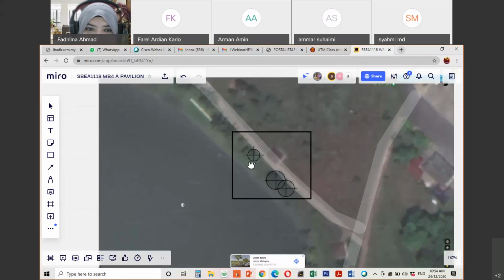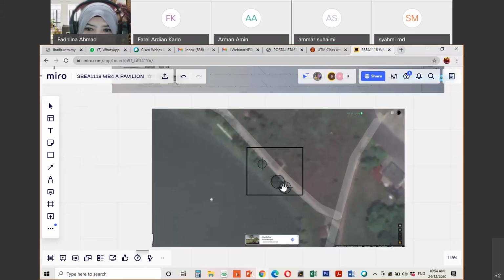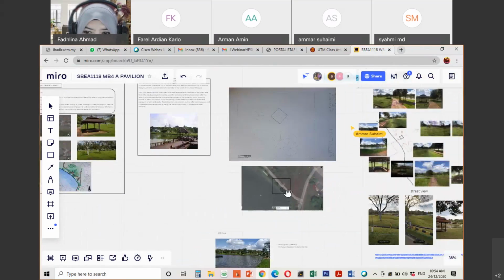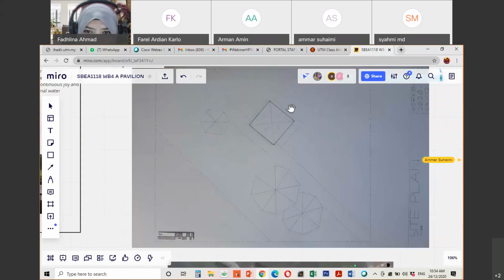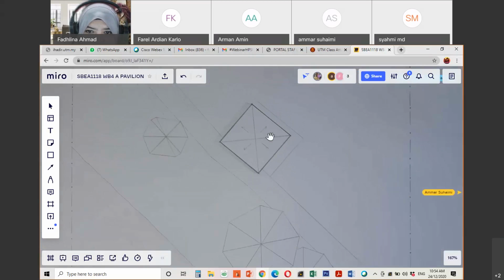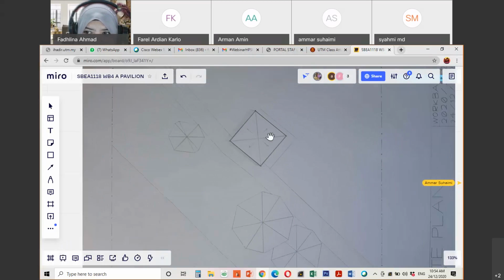Yes, I used a scale on it. Did you manage to get a scale? Yes, from Google Map it was 1 to 500. Then I scaled it up to 1 to 100. Okay. How big is the wakaf? From what I got, it's 4.5 by 4.5. I thought it is 3 by 3.